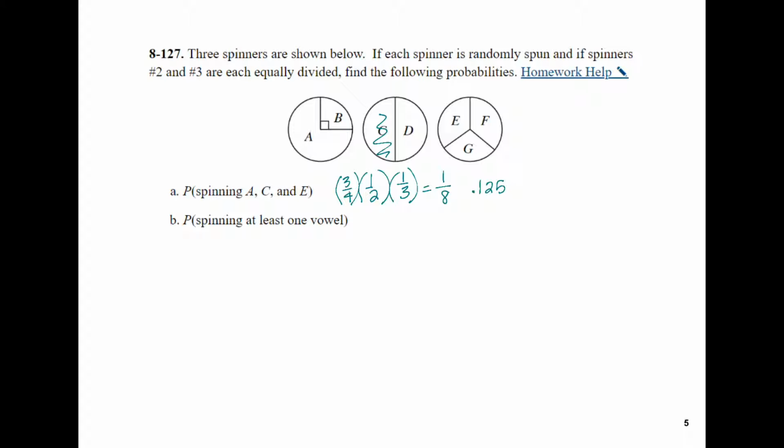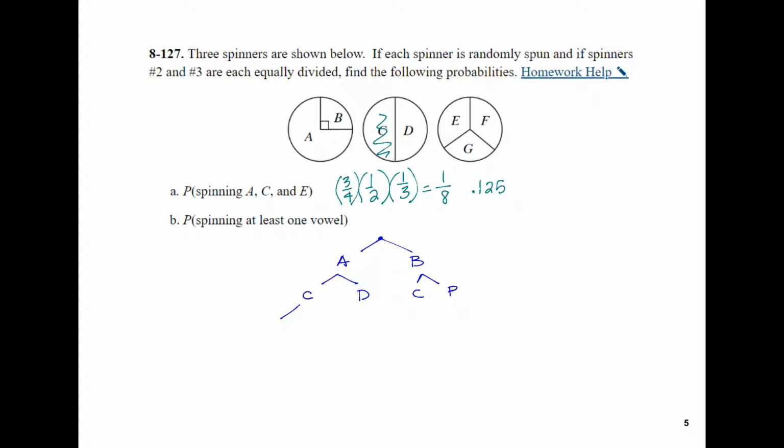so because we have 3 spinners, we couldn't use that area model, but we can use a tree diagram. So spinner 1, we have the chance of spinning an A or a B. Then when we spin spinner 2, we have the chance of spinning a C or a D, depending upon what we originally got.